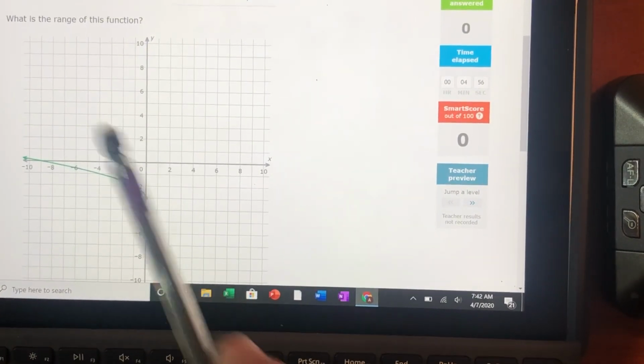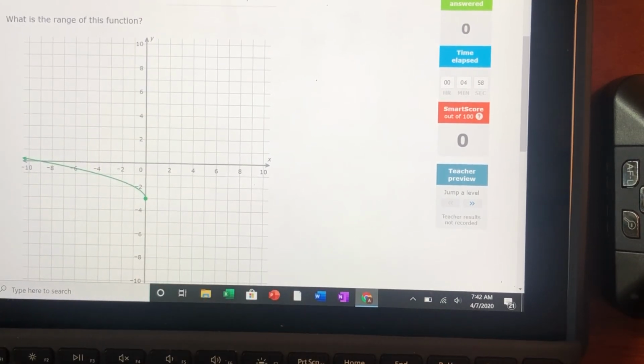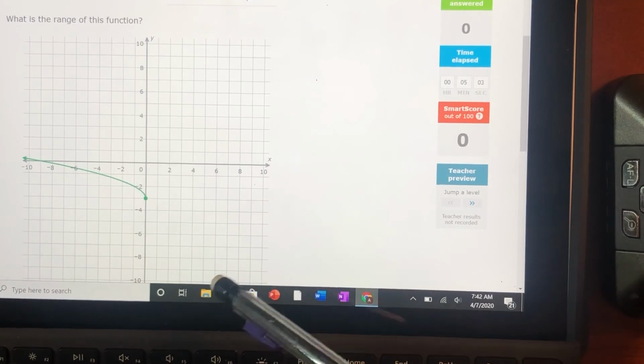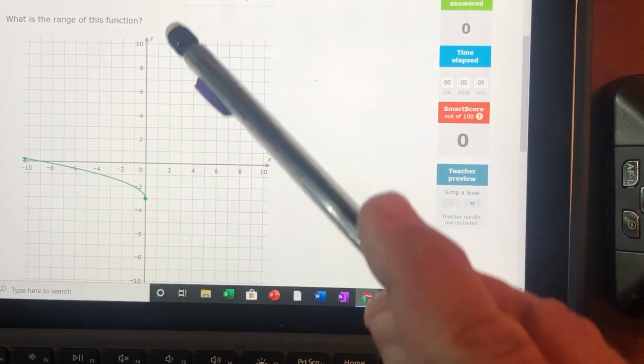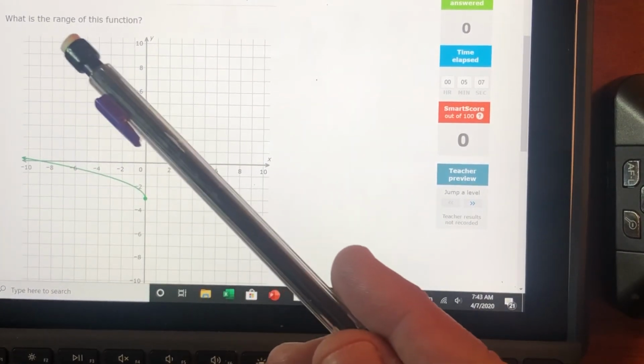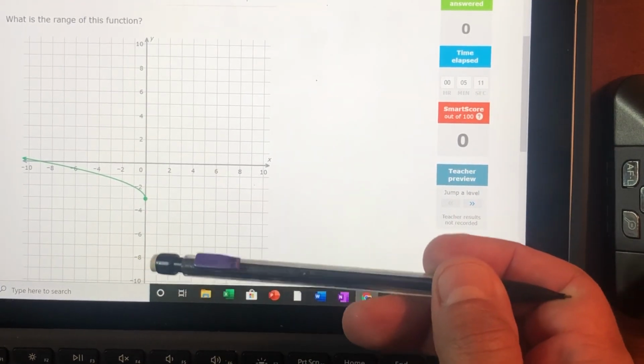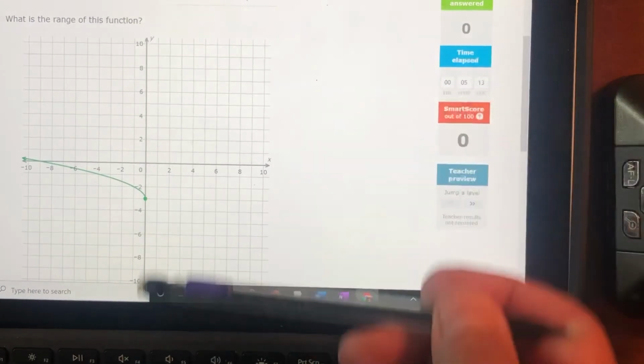But for this one, they're asking for the range of the function. Just remember, domain means left and right. Range means up and down. So if they're asking you for the range of the function, they're asking what kind of values this function will have going up and down.